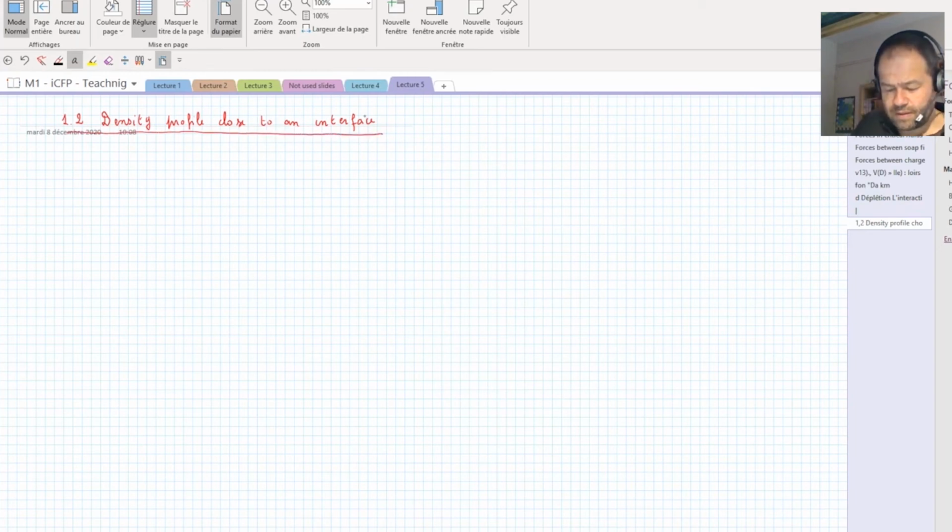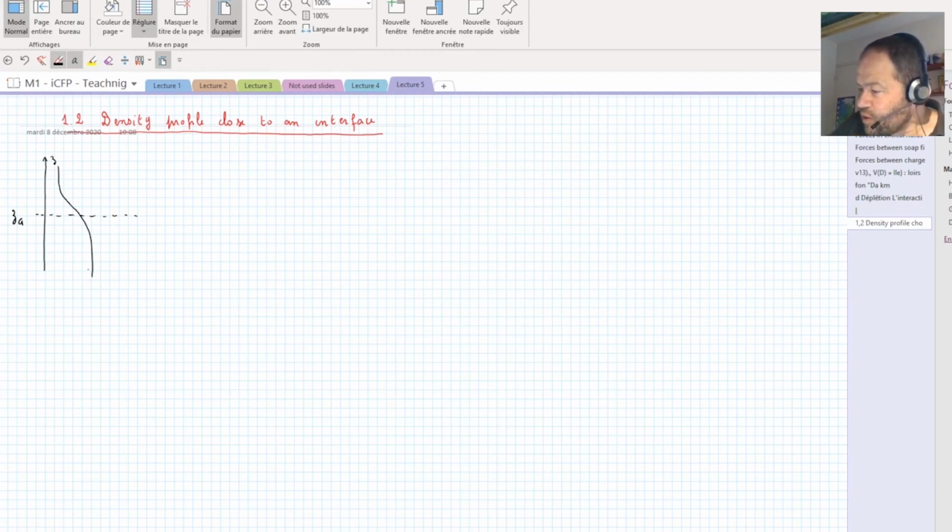Close to the interface. So basically what we want to do is, here we have z, and somewhere here a plane. We'll see what it is, but there is a plane of the interface, and around this plane the density is more or less like that.